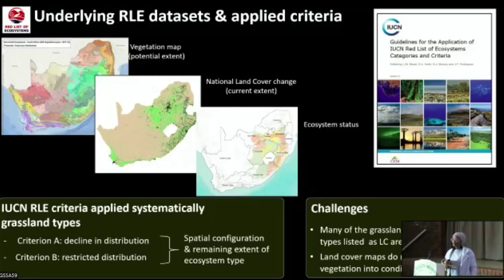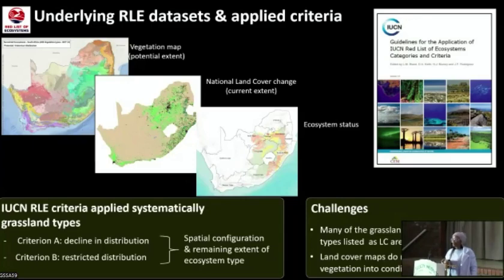This enabled us to produce accurate and reliable assessments, but we were not able to comprehensively assess the functional criteria under criterion C and D due to data limitations as well as knowledge gaps. So, as I mentioned, the assessment for the grassland biome was largely driven by criterion A and B.